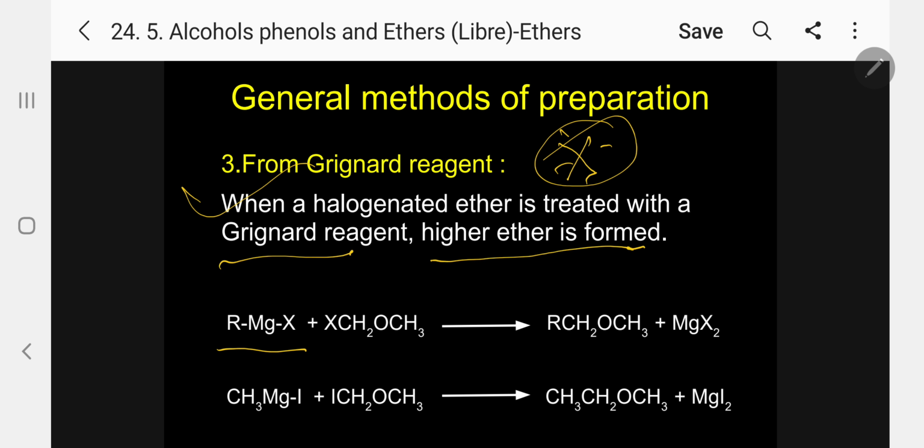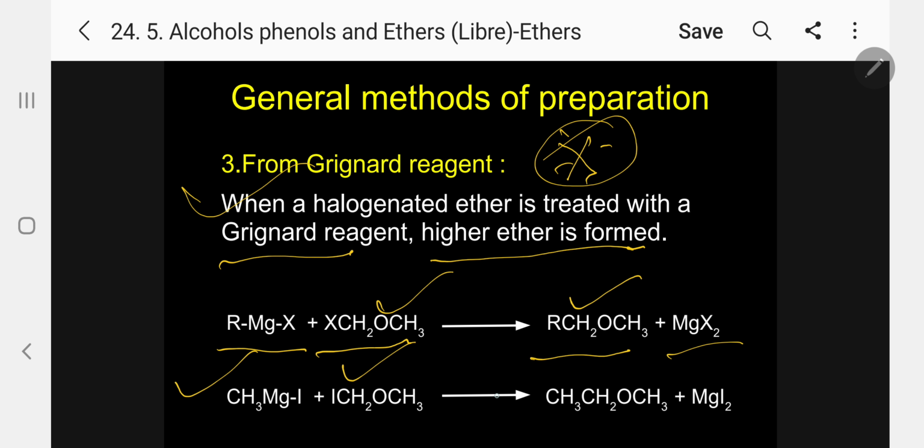Say for example, RMgX is the general formula for Grignard reagent. Here XCH2OCH3, the halogenated ether, produces this higher ether and MgX2. So a specific example: methyl magnesium iodide, commonly used in the laboratory, and the halogenated dimethyl ether.